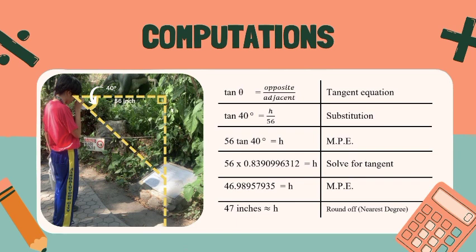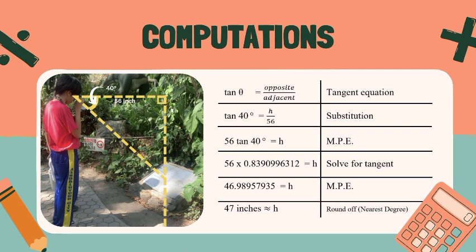To compute for the height from the line of sight to the information of the dinosaur below, we are going to use the tangent equation, which is tan theta is equal to opposite over adjacent. By substituting the values, we get tangent 40 is equal to height over 56. Next, we are going to apply the multiplication property of equality and we'll get 56 tangent 40 equals height.